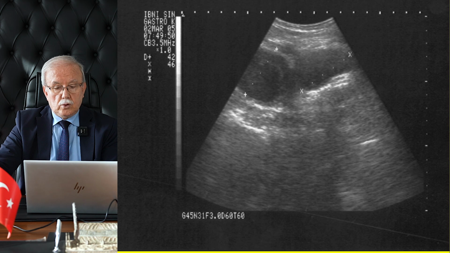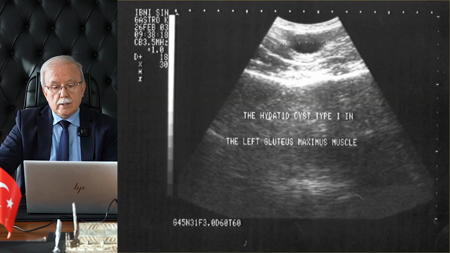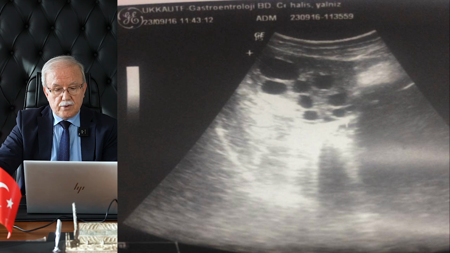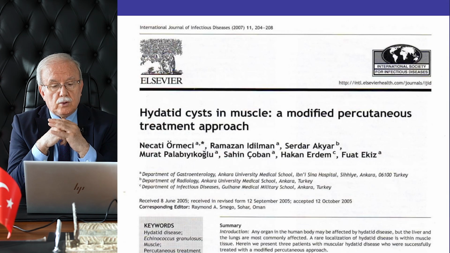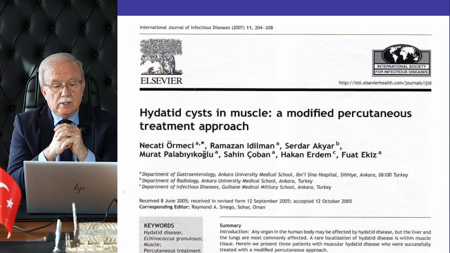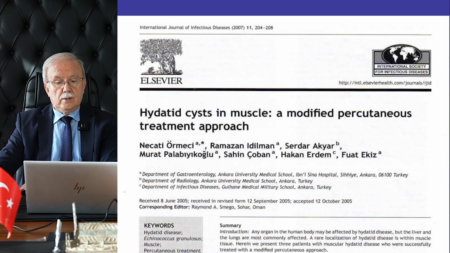After treatment, solidified, you see. This is the left gluteus maximus muscle. After treatment, solidified. Right leg, you see type 3B. Type 3B. And the muscle hydatid cyst work was published in the International Journal of Infectious Diseases, 2007.